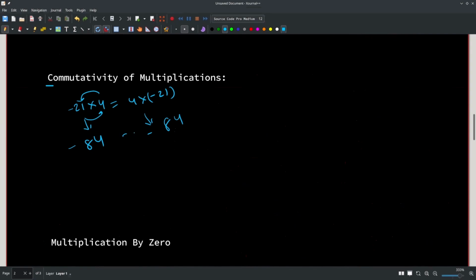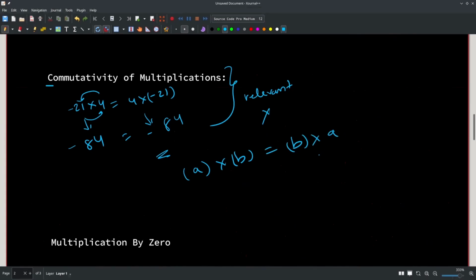Therefore, you have the commutativity, which is relevant in multiplication. Any number, let's say A into B is equals to B into A. This is your commutative property for multiplication.